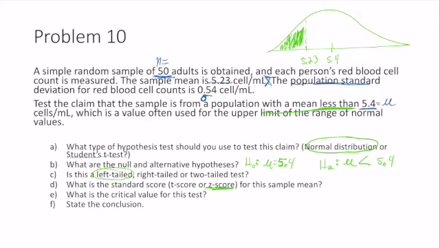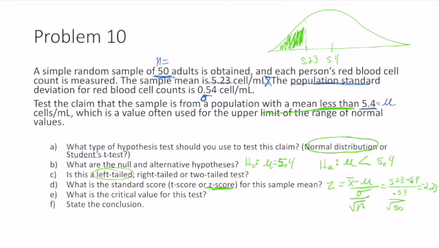I go that z equals my sample mean minus my population mean over my standard deviation over the square root of n. So that gives me 5.23 minus 5.4 over 0.54 over the square root of my sample size, which is 50. So I get a z-score of negative 2.23.